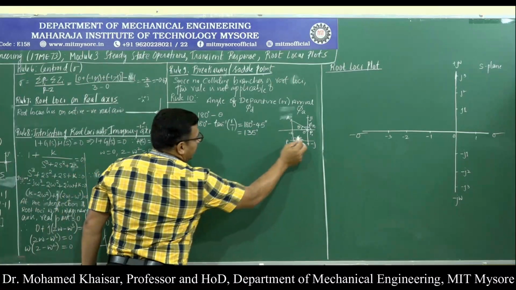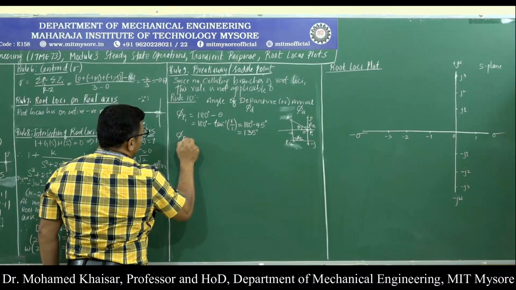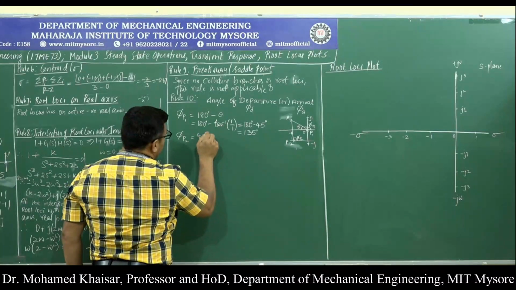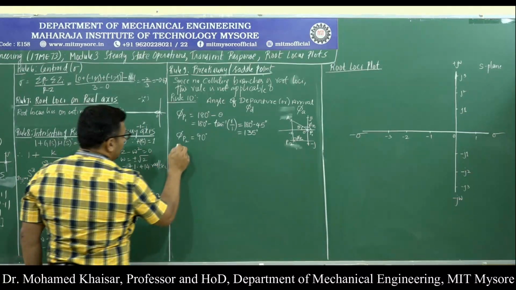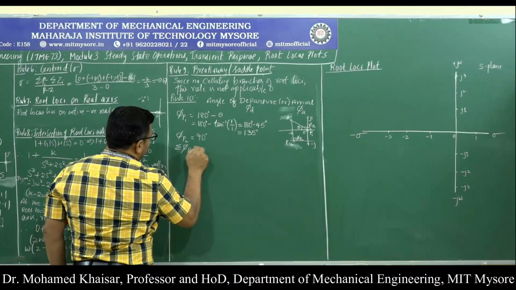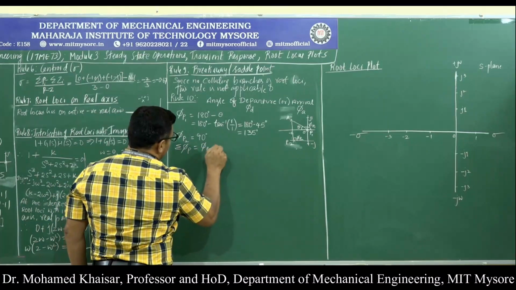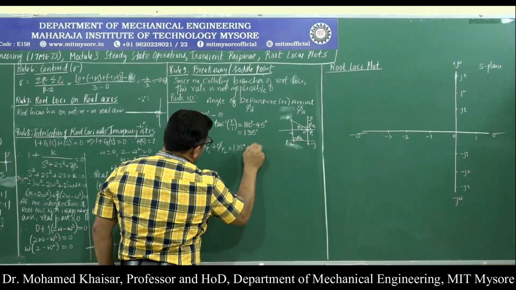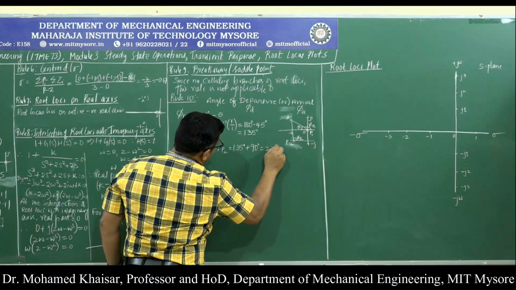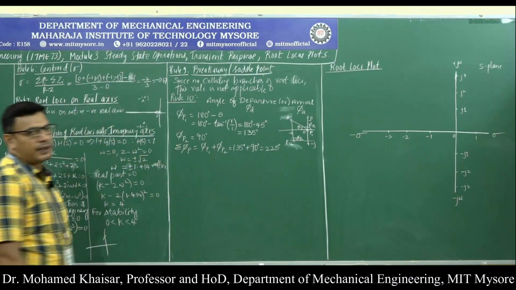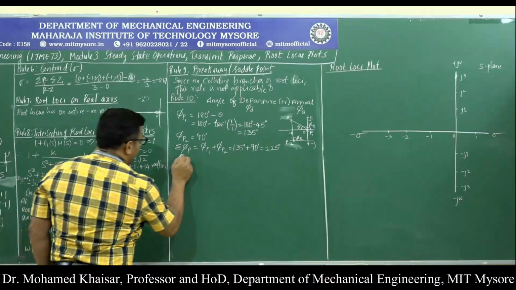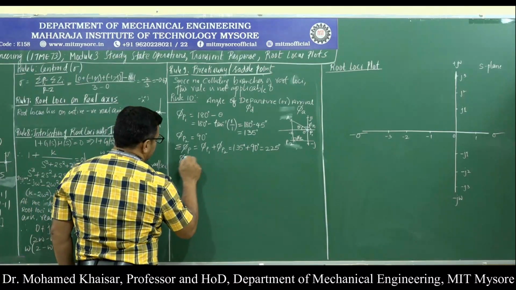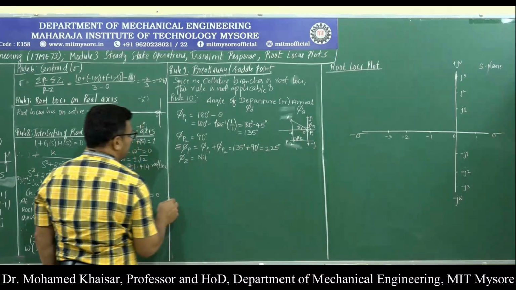Then I will have to find phi P2 also. What is phi P2? As you can see, it is 90 degrees. Straight away you can write 90 degrees. Then the summation of phi P's is phi P1 plus phi P2, that is 135 degrees plus 90 degrees, that is 225 degrees. Then phi Z, there is nothing, so nil.